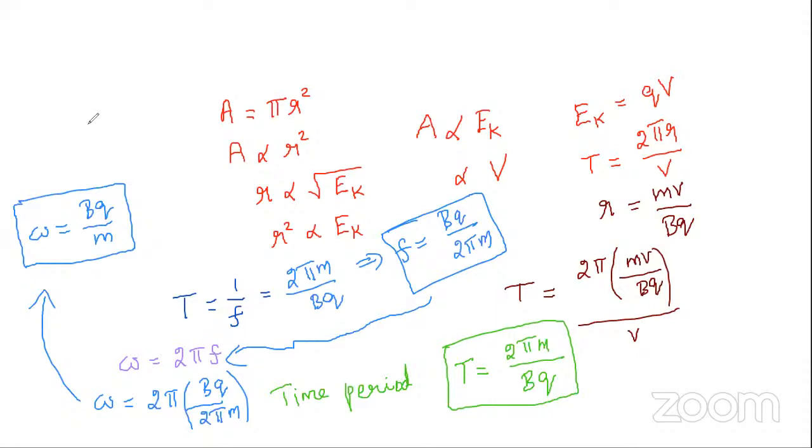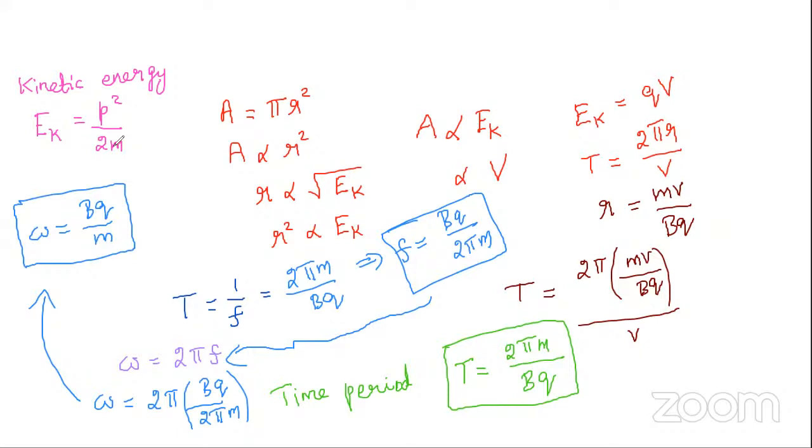The kinetic energy in general is given by p squared by 2m. So Ek equal to p squared by 2m. p is nothing but the momentum.